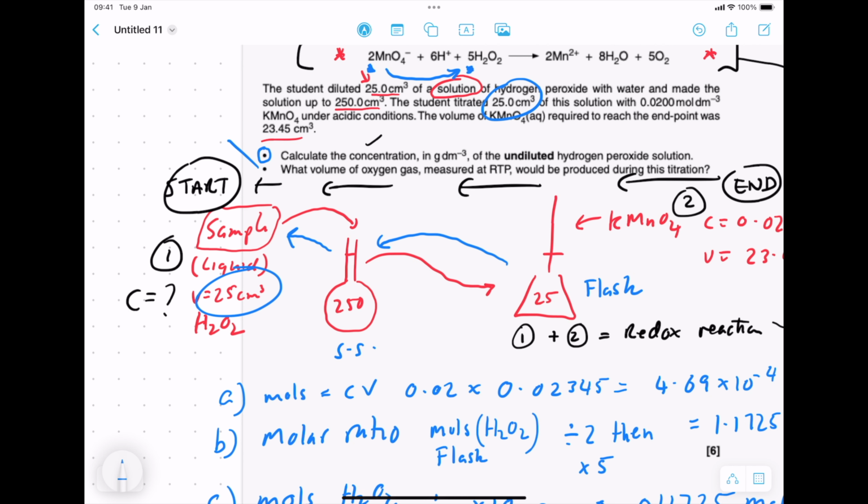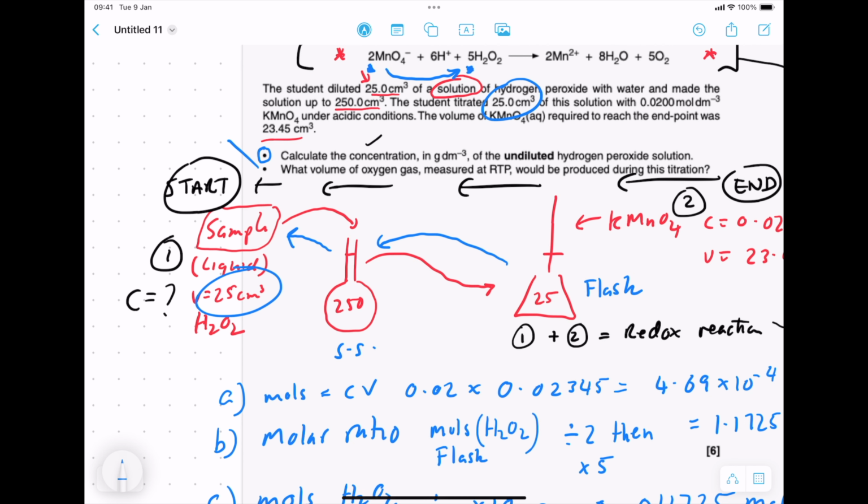So moles equals V over 24, which means that 1 mole of a gas occupies approximately 24 decimeter cubed at room temperature and pressure. So therefore V will equal moles times 24. So I just need to times that by 24. So let's do that. That gives me an answer of 0.028 decimeter cubed.